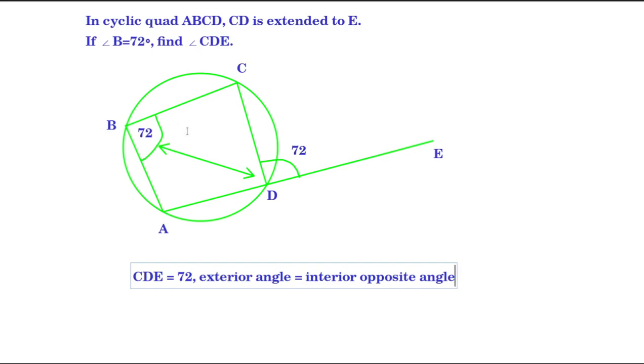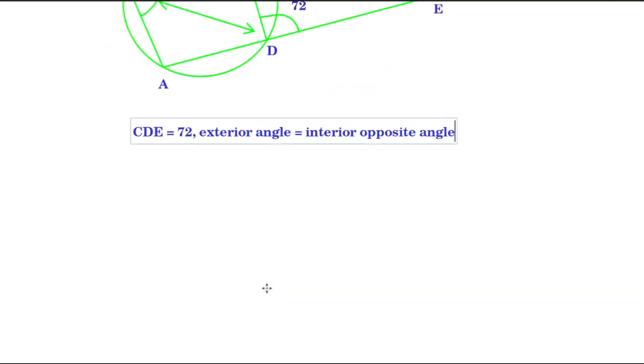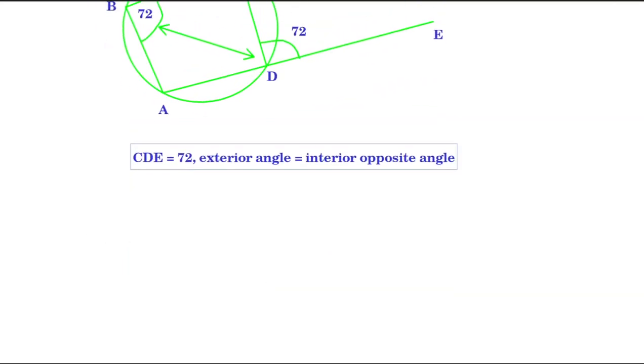Rather than going through the stuff saying this one plus this should give us 180 and this should be 108, and then saying 180 minus 108, then you get 72, you just use the theorem. Exterior angle is equal to the interior opposite angle. As simple as that. Next example.